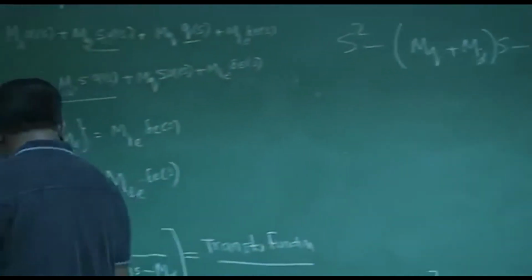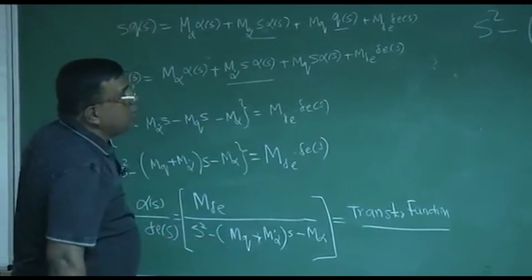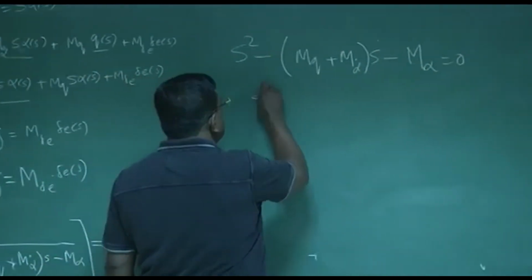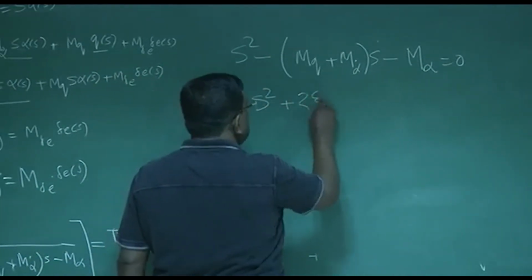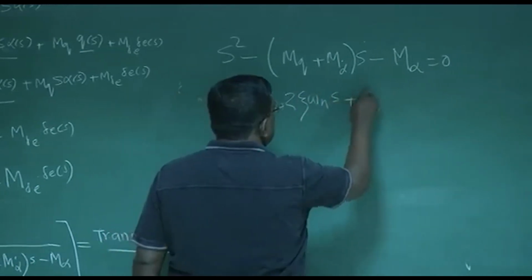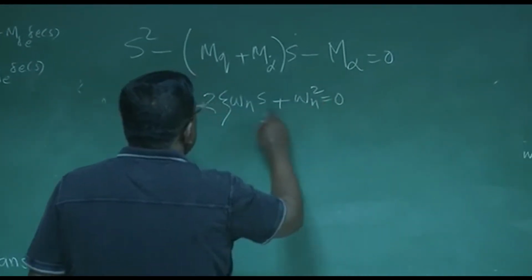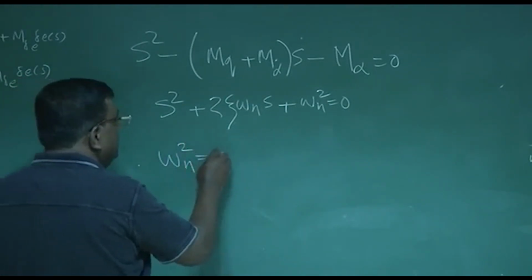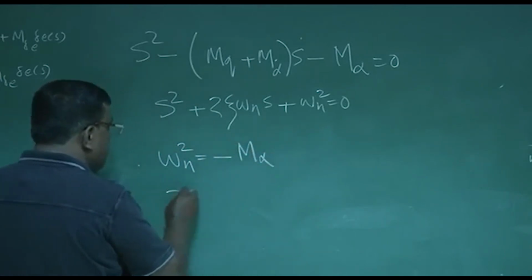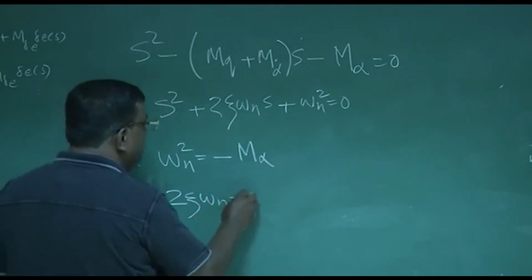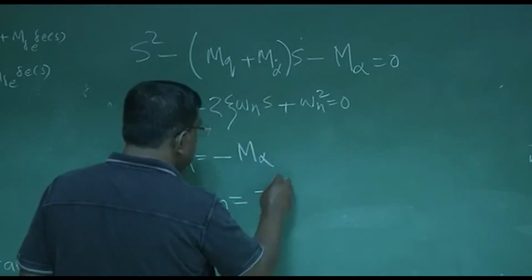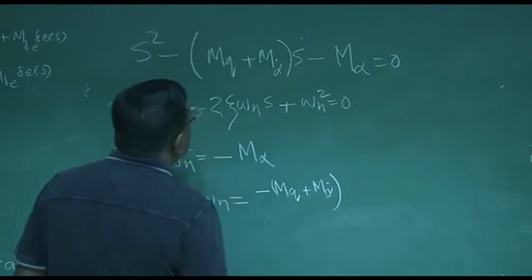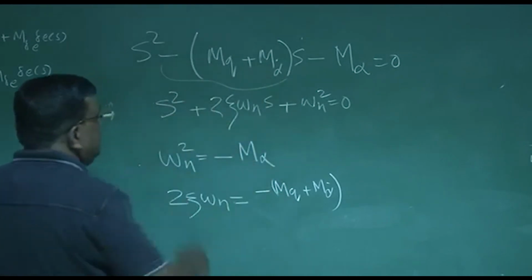This is the characteristic equation, and I compare it with second order system, S square plus 2 zeta omega n S plus omega n square equal to 0. If I compare, then I get omega n square is equal to minus M alpha and 2 zeta omega n equal to minus MQ plus M alpha dot, right, because this is 2 zeta omega n S.